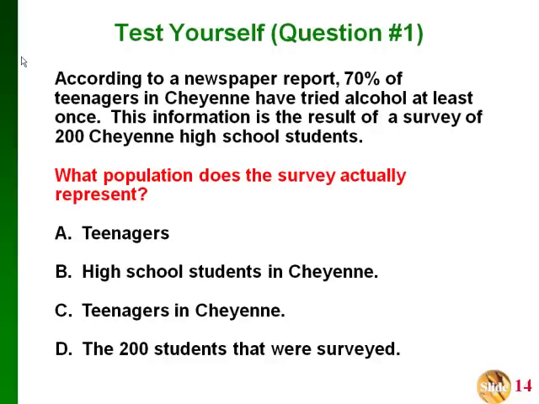Is it teenagers, high school students in Cheyenne, teenagers in Cheyenne, or the 200 students that were surveyed? Remember, in this case, we're asking for the population that's represented. So we want the population to have the same characteristics as the sample. I'll give you a few seconds to think about this, and then I'll show you the correct answer.